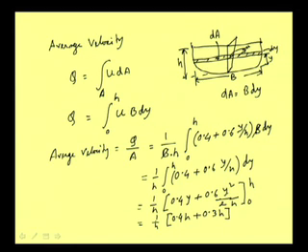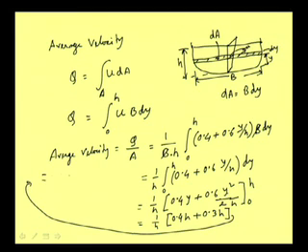Let me write this on the slide itself. This h and h get cancelled, and this is equal to 0.4 plus 0.3, which is equal to 0.7.